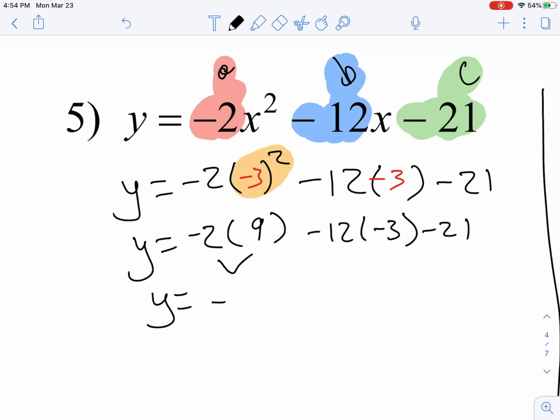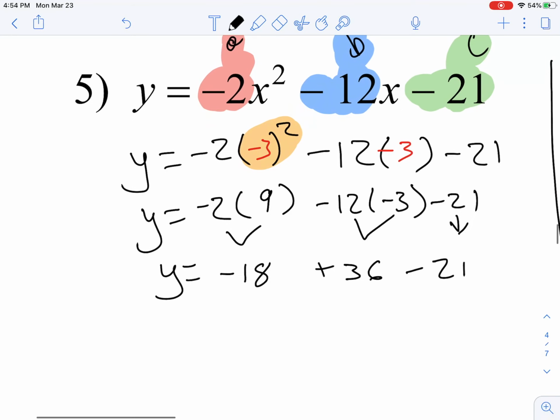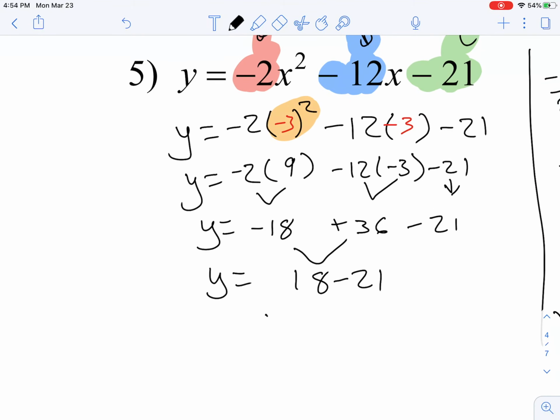So negative 2 times 9 is negative 18. Negative 12 times 3 is positive 36. And this negative 21 is just hanging out. I can put these together and get just 18 minus 21. And then when I put those together, 18 minus 21 will give us negative 3.